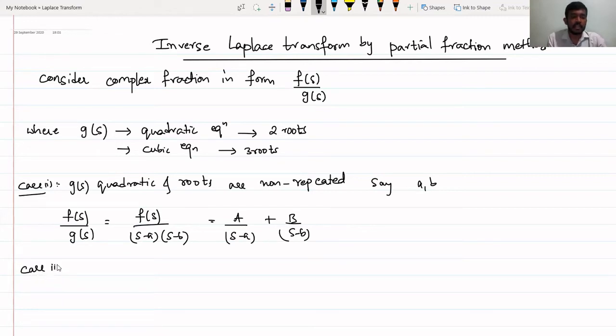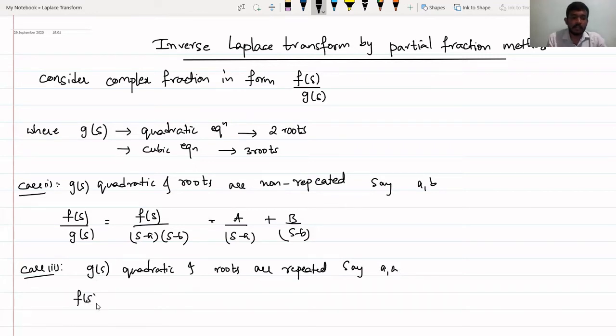Next, case 2. Suppose the function g of s is quadratic and the roots are repeated. For example, say the roots are a comma a. It means a is a root which has been repeated twice.